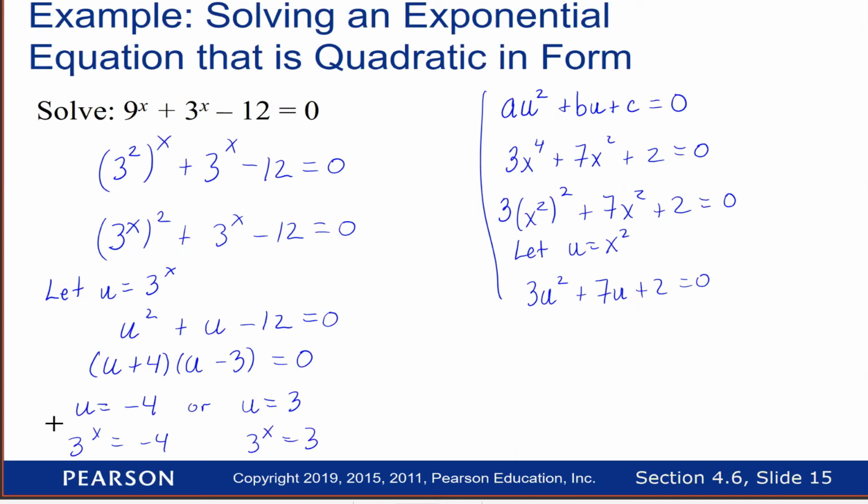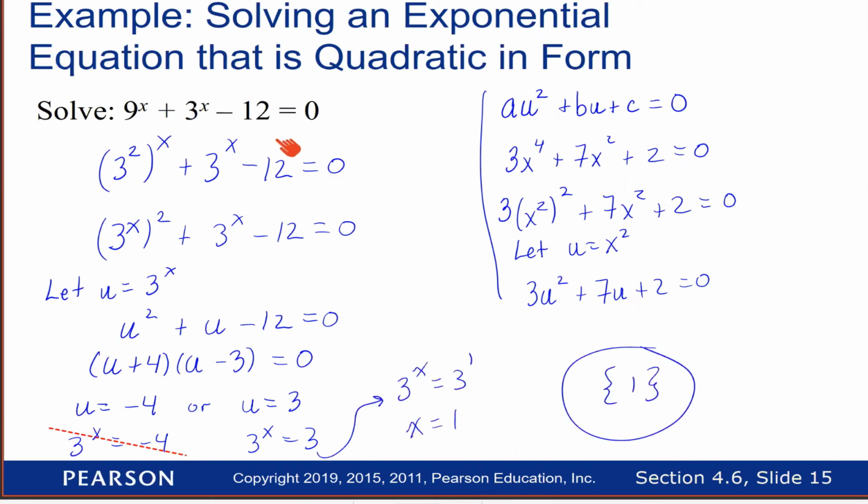Well, on the left, remember, the range of exponential functions is only positive real numbers. So 3 to the x power cannot be negative 4. And so those are the types of equations you're going to be solving in this section.